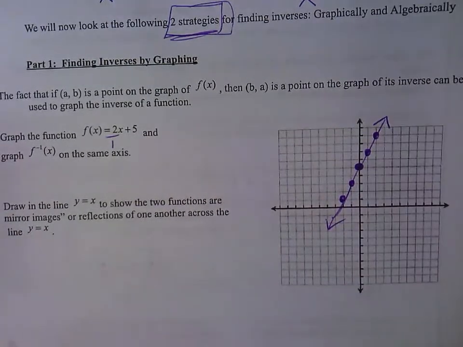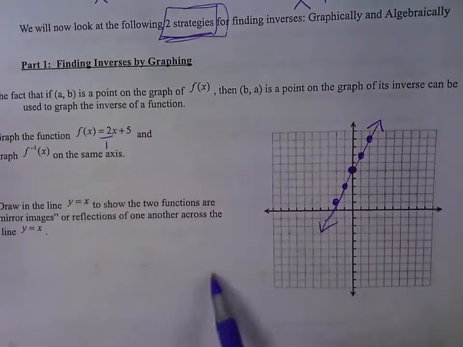And now, how can I use that graph to graph the inverse? Remember, if a comma b is a point on this graph, then all I have to do is switch the x and y value. B comma a will be on my inverse. So I need to record what those actual coordinates are, and I'm going to do that over on this left-hand column.